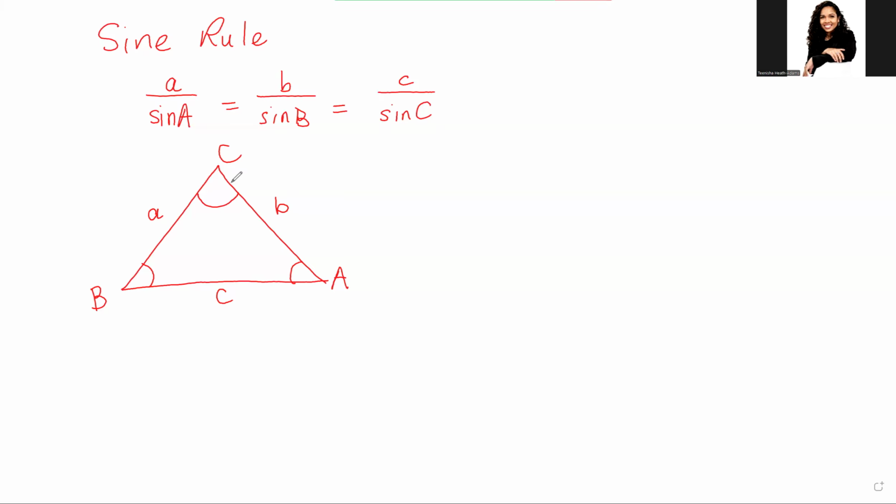And we use the sine rule in two instances. Either when you have two angles and any side to find a third side, right?